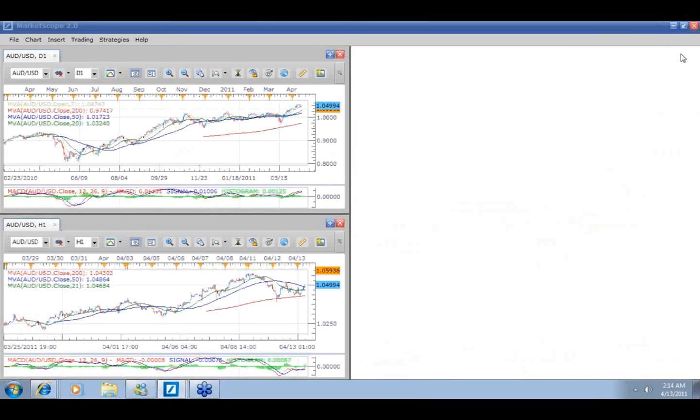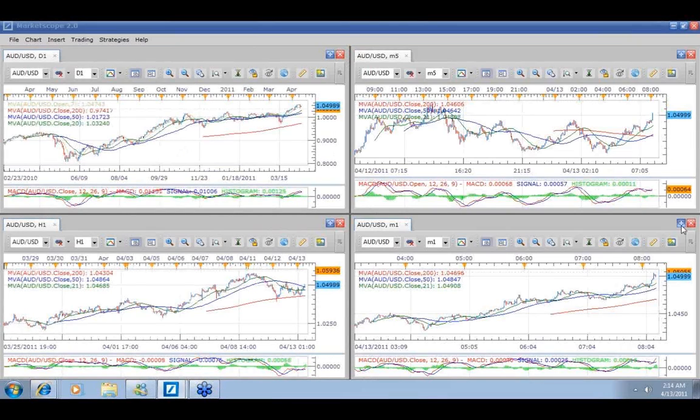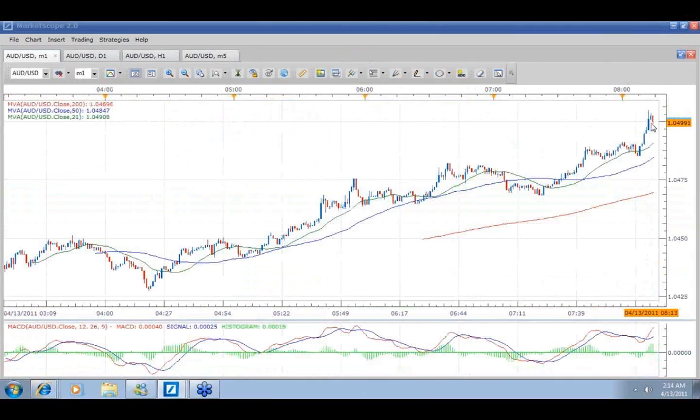On the 1 minute, let's see. Right now, there's nothing here that says there is a meaningful reason to short it. My God, you would be doing everything wrong, going against trend trading, going against something that's paying you a positive interest rate differential.